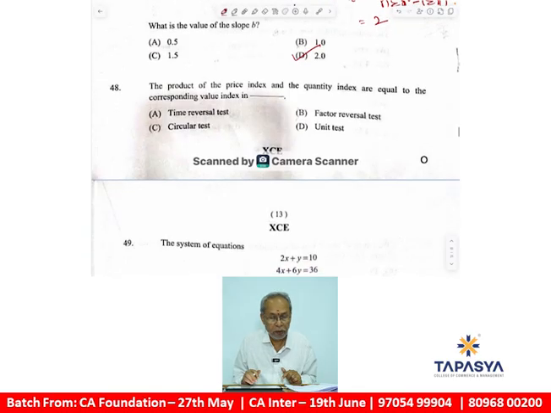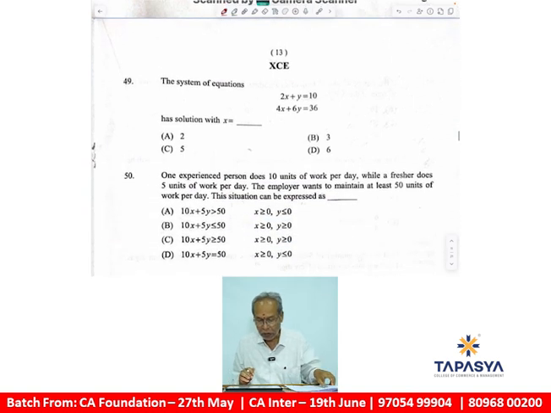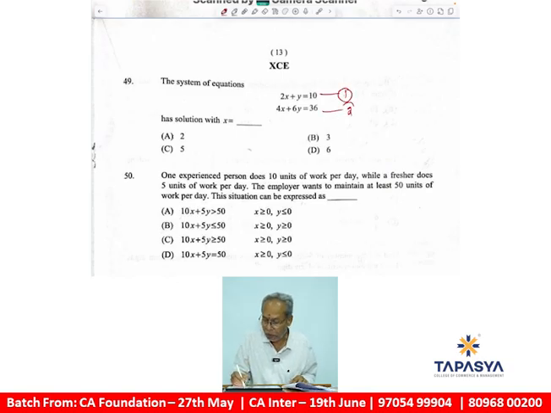Next one: the product of the price index and the quantity index is equal to the corresponding value index. That is possible only in the factor reversal test. Next, the system of equations has the solution. Solving these two equations, this is number 1 and this is number 2.